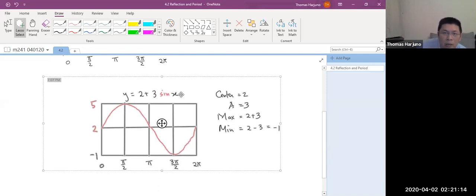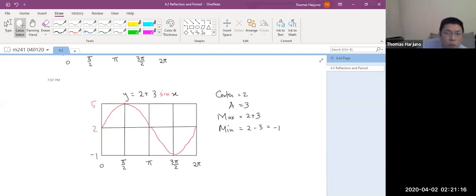But then I do this variation. Suppose I change this sine x here, becomes cosine x. Then what will change?